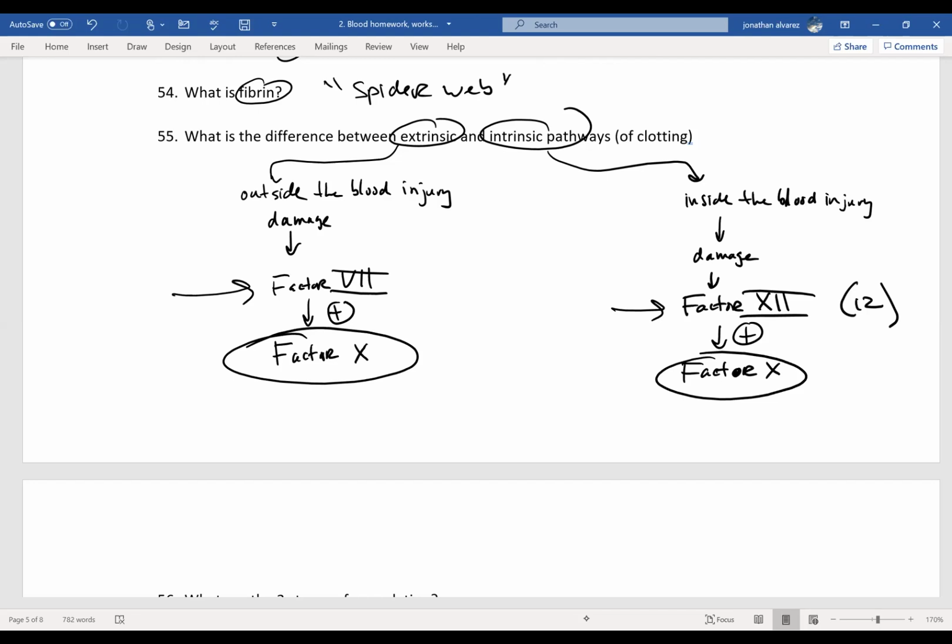Okay. So once factor 10 is activated, that activates prothrombin, which is now turned into thrombin.